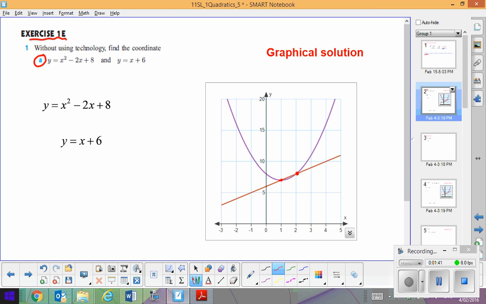So you need to go on your calculator, enter your first equation as function 1, the second equation as function 2. Then where do you think you're going to go on your calculator? Menu, analyze graph, and in this case you're going to go to point of intersection.